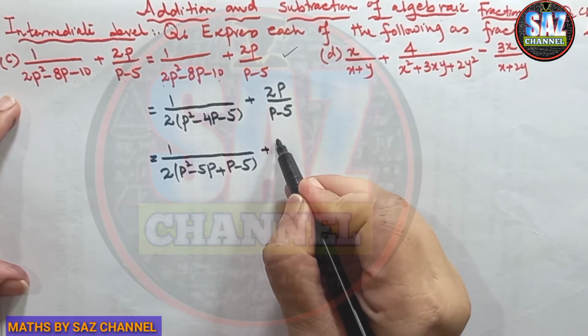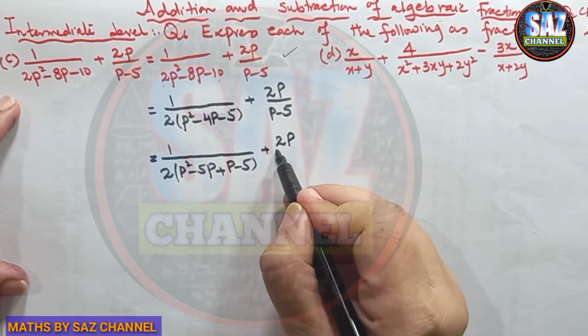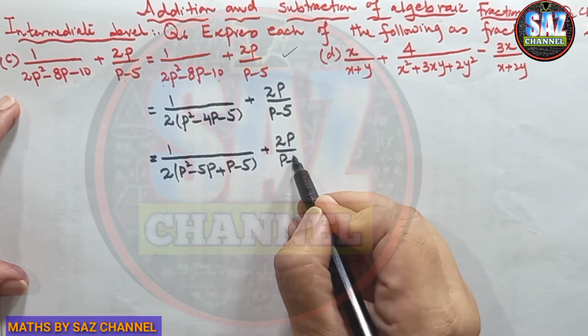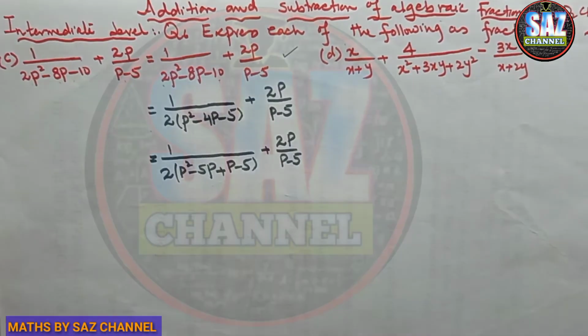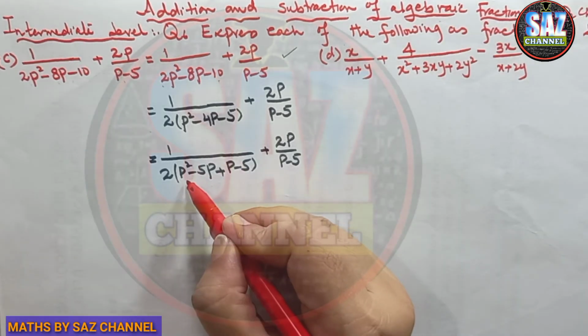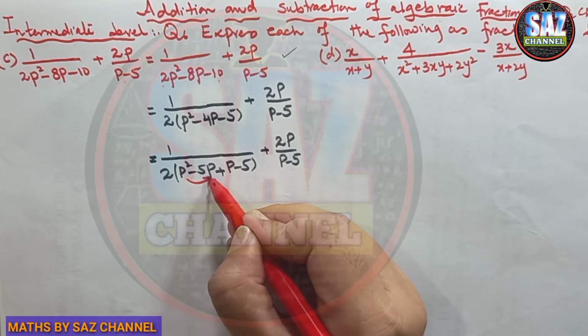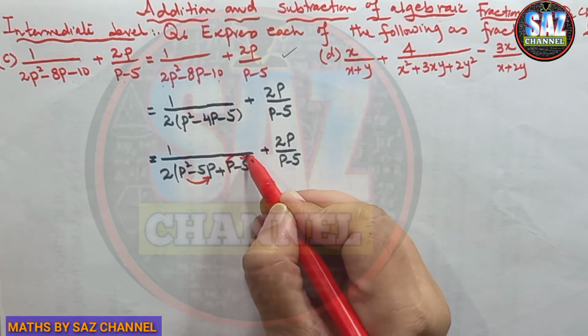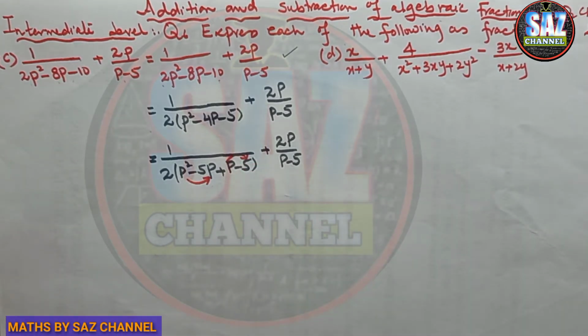Coming to the second fraction, I will be writing it as it is, 2p upon p minus 5. Now, if we look at the denominator of the first fraction, it has been divided into 4 terms. Now, I have to make groups of like terms, and extract some number or letter as a common factor from each group.